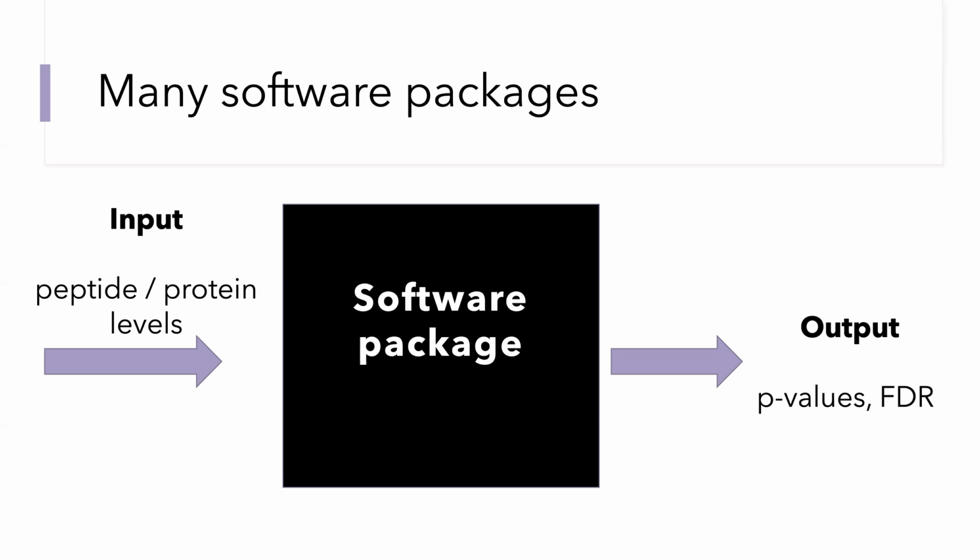Rather, I want to discuss the intellectual foundations, the principles that go into computing p-values and false discovery rates so that you understand how you can evaluate these different software packages, how to choose the appropriate package for your analysis, and importantly, how to write your own pipeline when the packages available do not provide the necessary flexibility for the analysis that you want to perform for the data that you are analyzing.